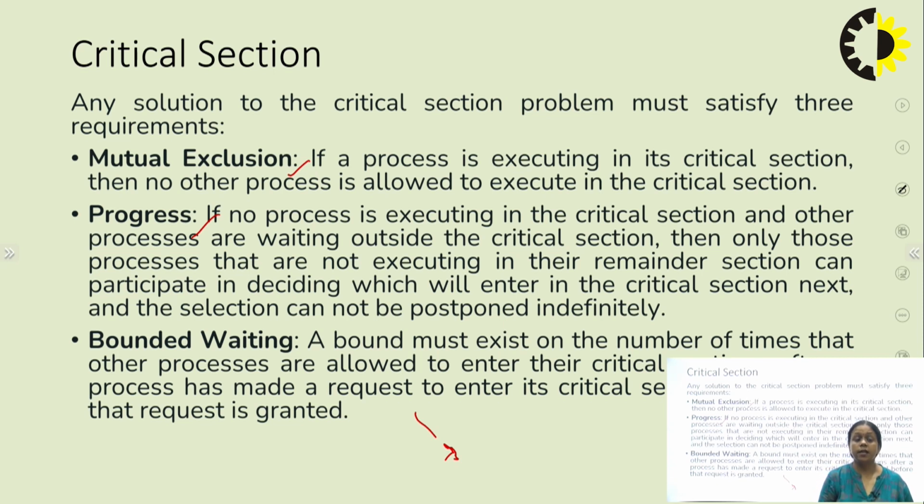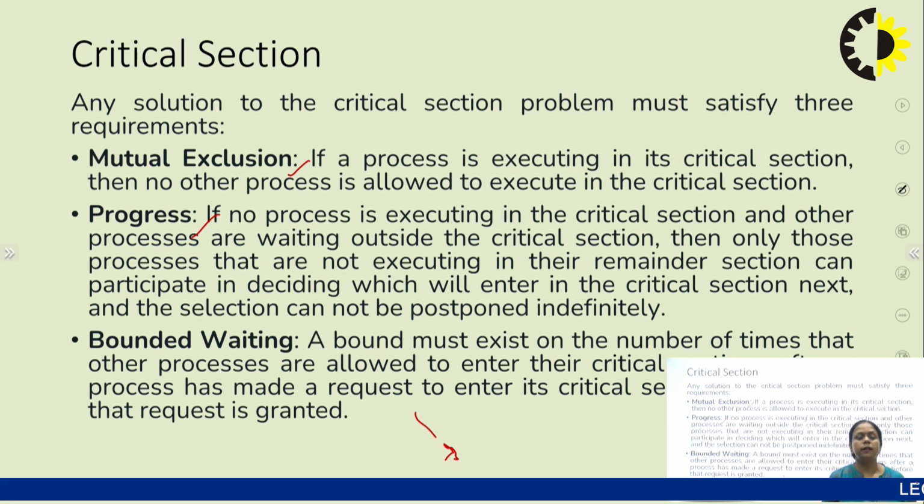This is known as progress. Another meaning of progress is that no other process will stop a process from entering the critical section. If any process doesn't want to come into the critical section, it will not stop other processes from coming into the critical section.